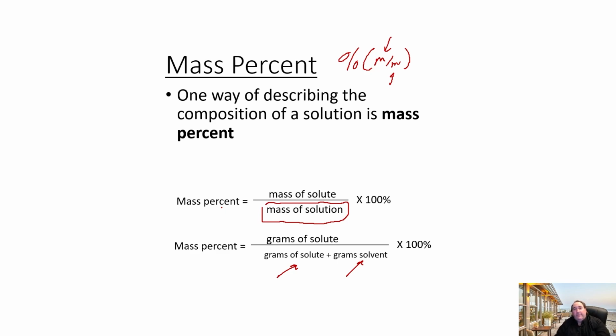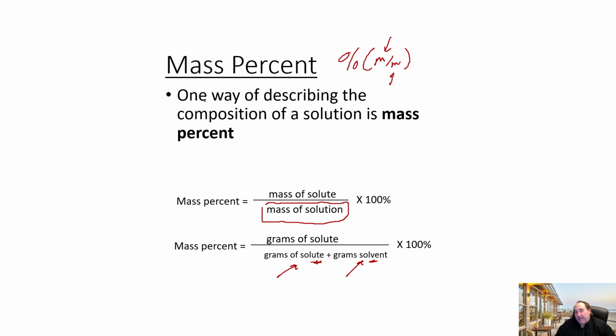So people end up just dividing by the solvent and not adding them together to get the mass of the solution. Make sure you do that, because it is a very common mistake. You do need the solute as well, and once again, they are sometimes given to you separate.